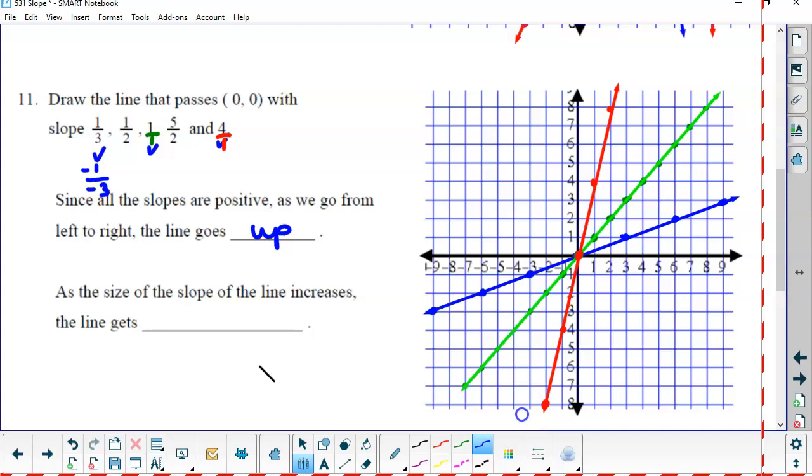Take a look at the steepness of the line. As the size of the slope increases, the line gets steeper. You're climbing a hill. This hill is way easier to climb than this one. This is more steep. The slope is bigger.